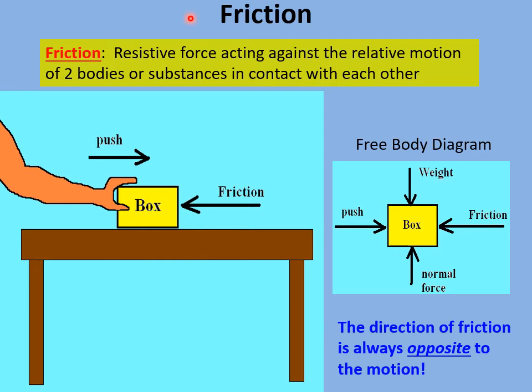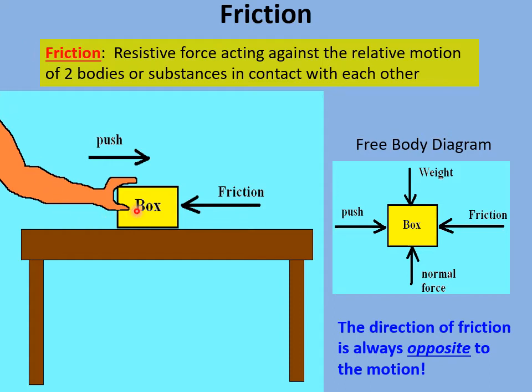So the answer, of course, is friction. Friction is a resistive force that acts against the relative motion of two bodies or substances in contact with each other. All right, so when we had our box sliding across the table, friction pushed in the opposite direction as the motion of the box and slowed it down. So friction, you can think of it as a pushing force.